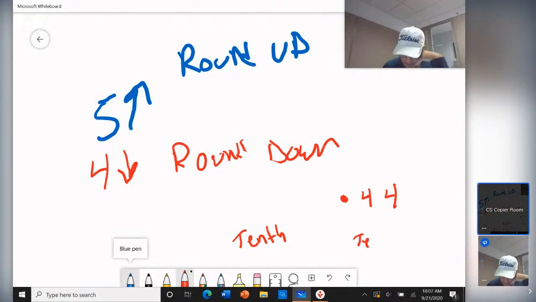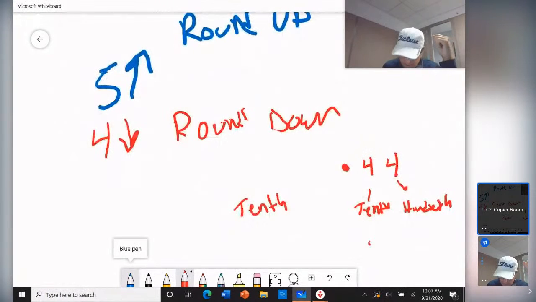This is the tenth, and this is the hundredth. So we're looking at the tenth, we're going to look at the hundredth place, the number to the right, and it's 4 or less. So if I was asking you to round to the nearest tenth, it would be 0.4.